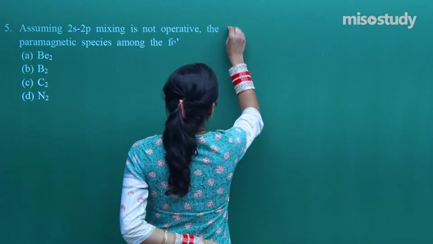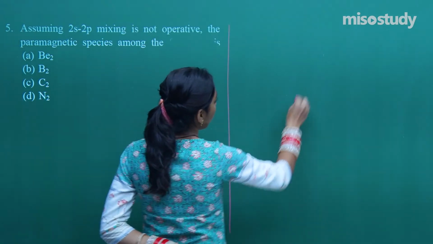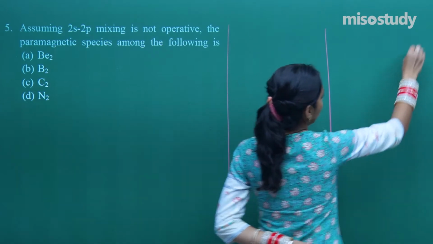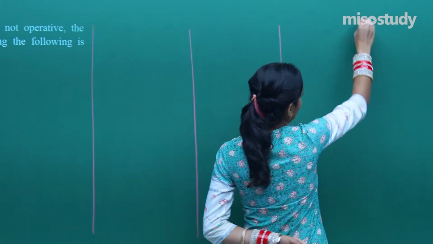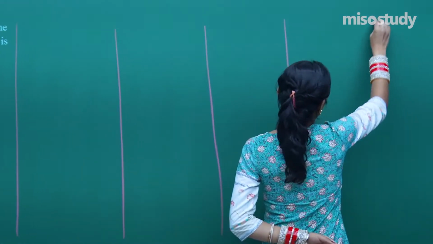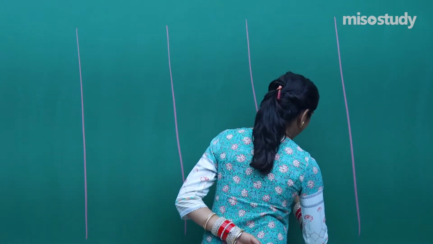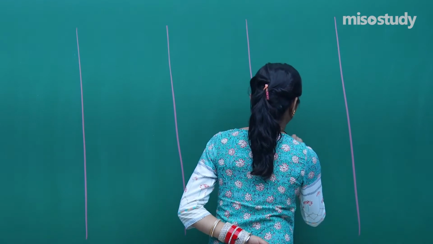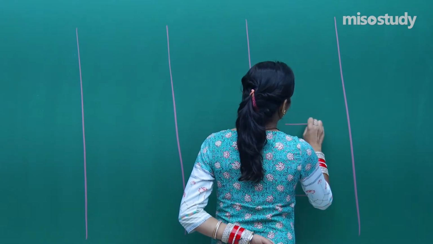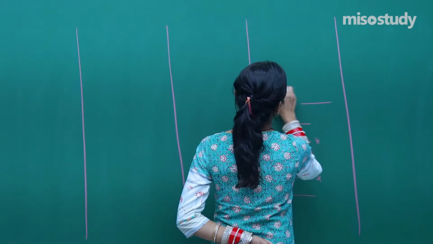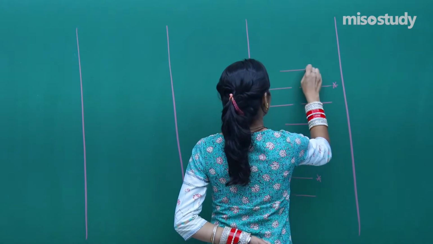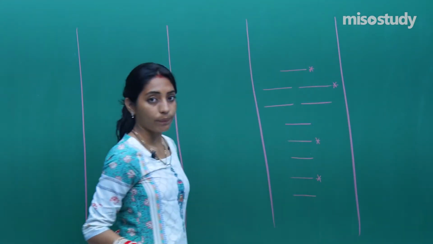So since no mixing is to be considered, I can draw like 4 times. I'll draw the diagram and the diagram will go like sigma 1s, sigma star, sigma 2s, sigma star, sigma 2pz, pi 2px, pi 2py, pi star and sigma star, right?